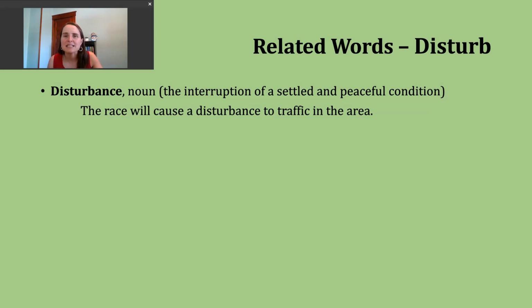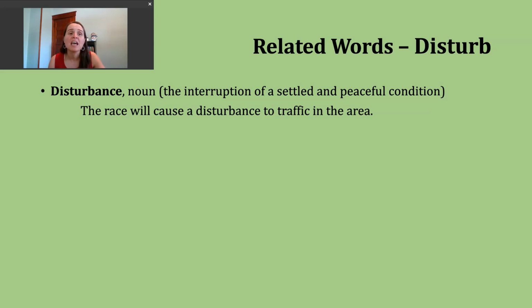Okay? Sometimes this happens with various events. Where I live right now, there's a really big bike ride going on. And so in many communities, people just aren't able to drive on certain roads because there are so many cyclists out there. So what would be normal, kind of normal traffic, is not normal here.